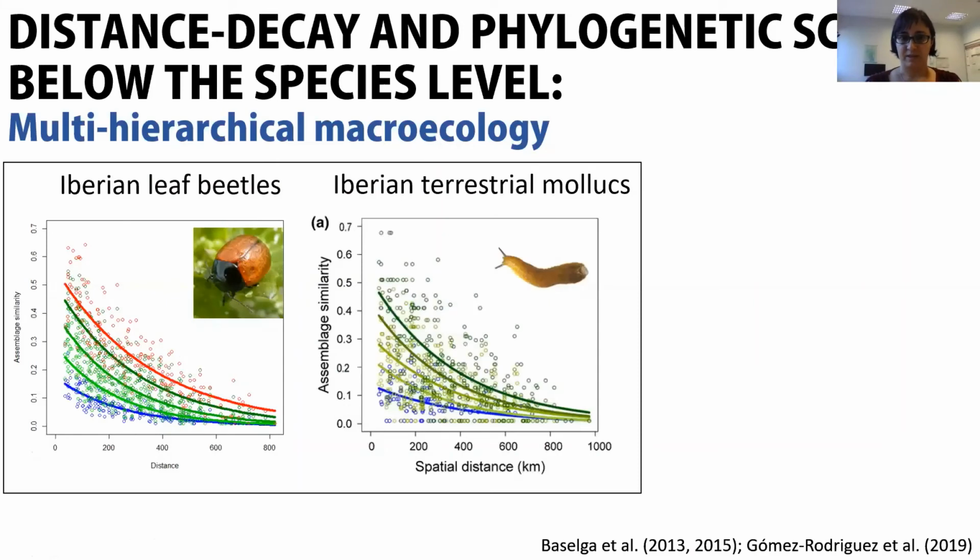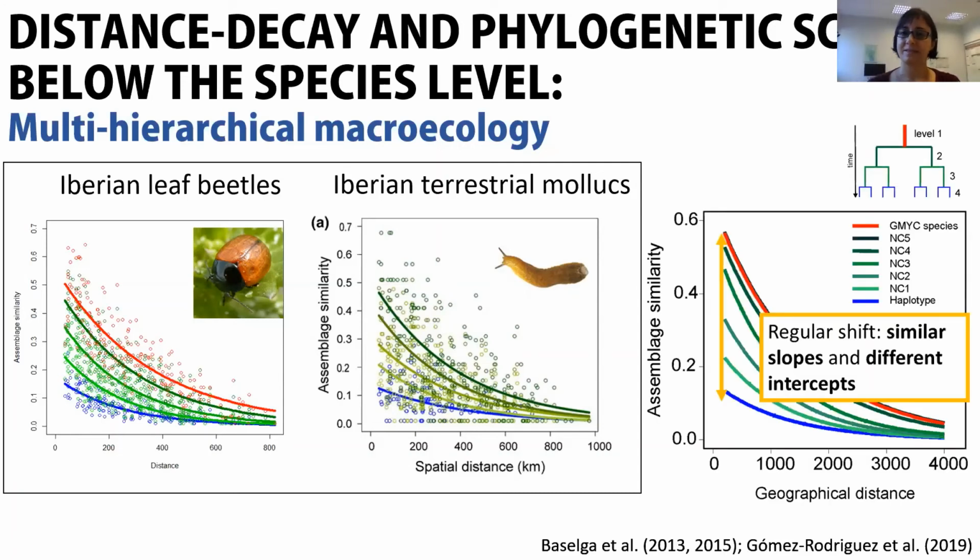We have done this type of assessment for two different groups in the same territory, the Iberian Peninsula, which is supposed to have had multiple refugia during the last ice age. So what we observe is that the distance decay pattern is the same, but with different intercepts.